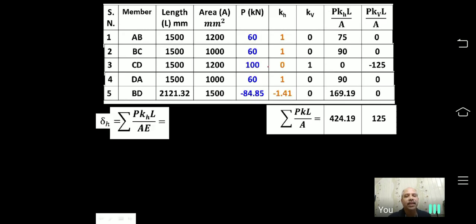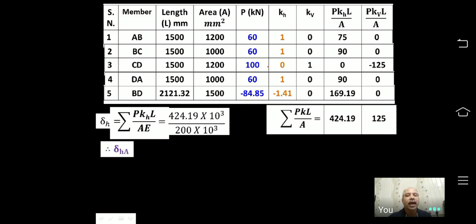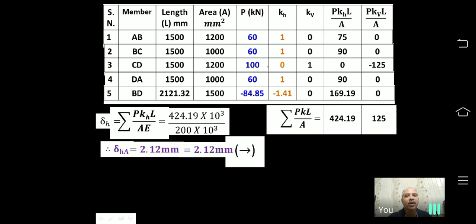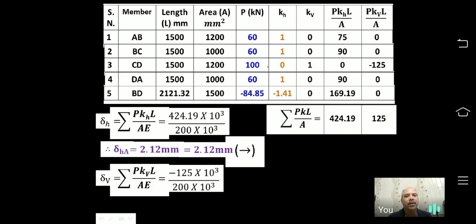So now delta H we can get as the summation of PKH L upon A E, and you substitute this value 424.19, and E we have 200 into 10 raised to 3. Knowing these values, we get the value of delta HA as positive. That means my displacement is towards the right, and that is positive because the unit force we considered is towards the right. Now we go to delta VA, that is delta V at A, the summation of PKV L upon AE, and this value we have here as minus 125.